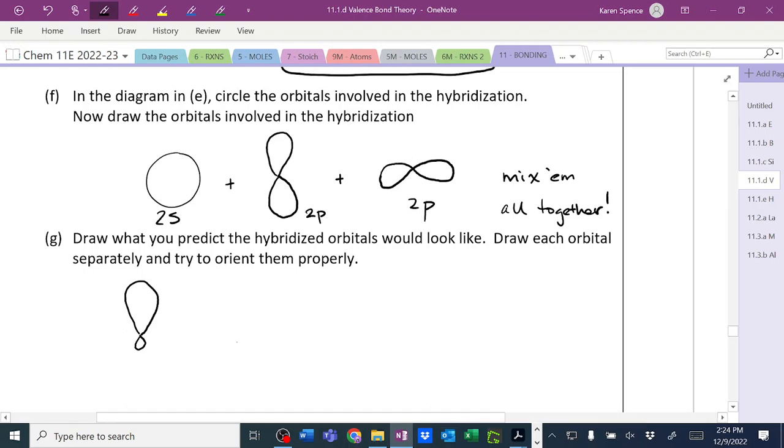At 120 degrees. So maybe it's like this. Oh, I did not draw that well. There's our second one. And what orientation would our third one be? So that's all of them separate.